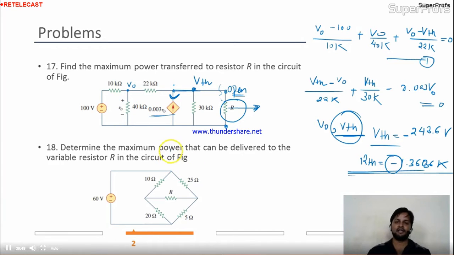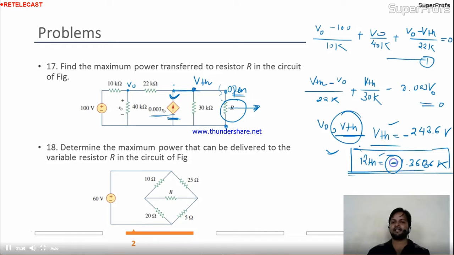I told you in earlier classes also, whenever we have a dependent source in the circuit, we can get the value as negative. Because the presence of a dependent source makes the circuit active, and for active circuits the value of resistance is negative. Is it okay? So this is the resultant circuit, where you can see VTH and RTH.